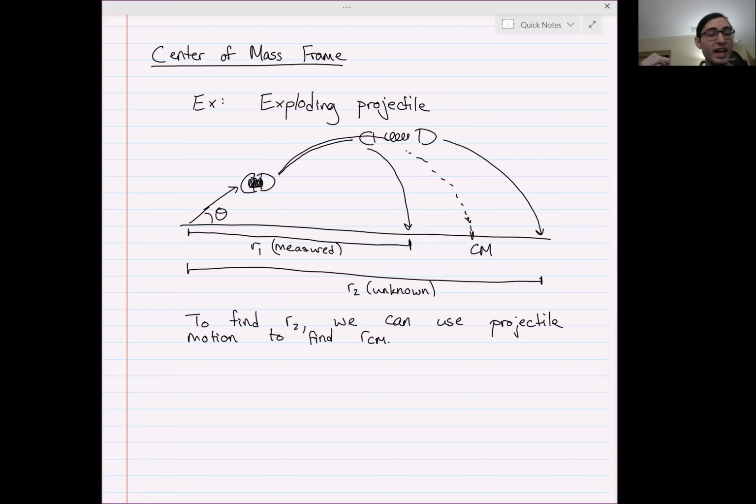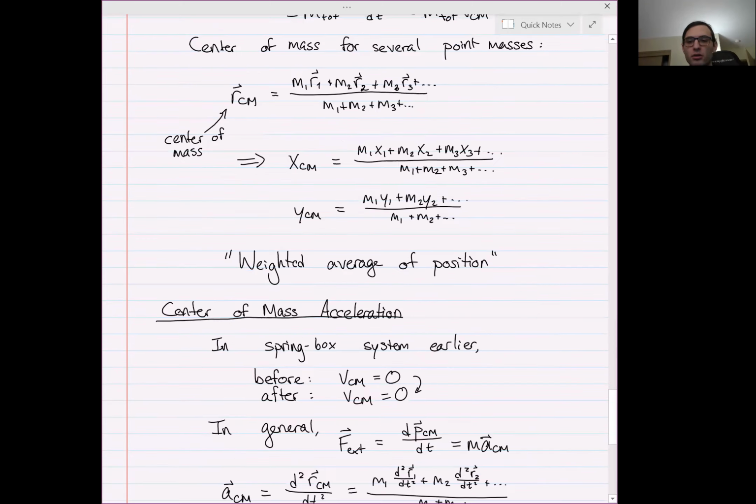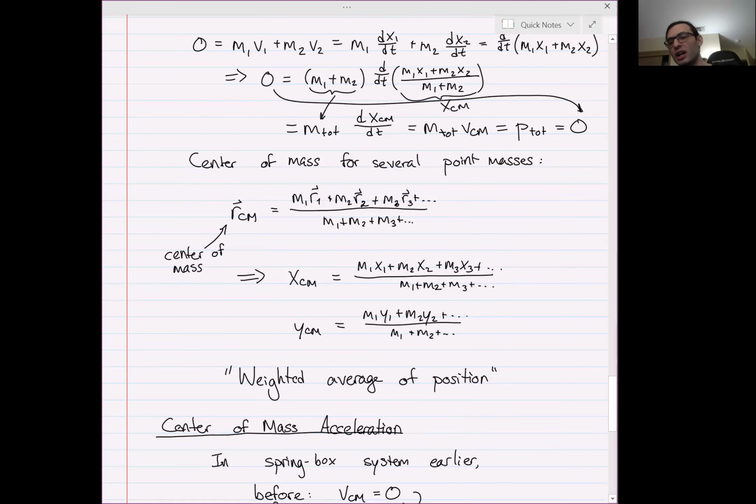And then from there, we can solve for R2 using the definition of the center of mass. So if you know where the center of mass is, and you know where one of the halves fell, you can use the definition of the center of mass given up here to find the position of the other half.